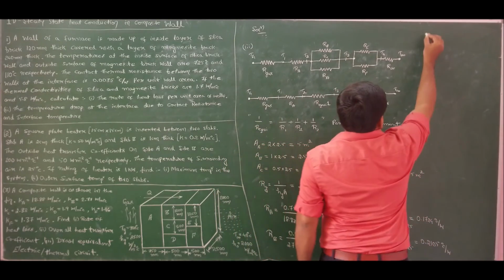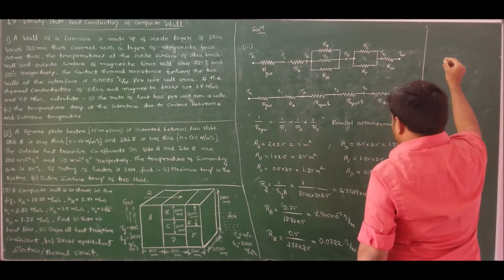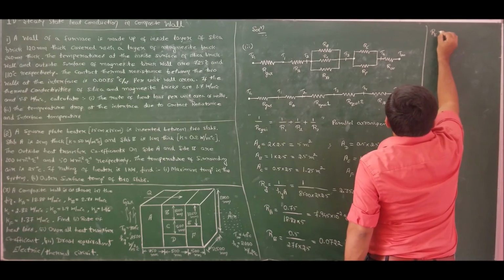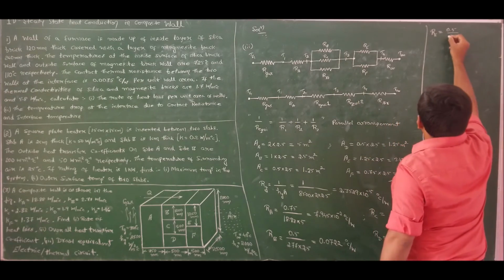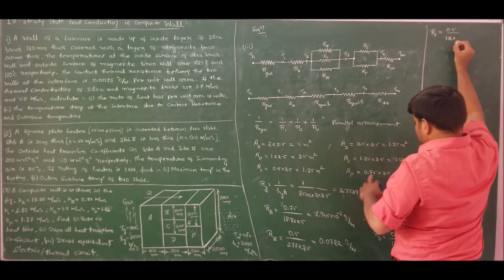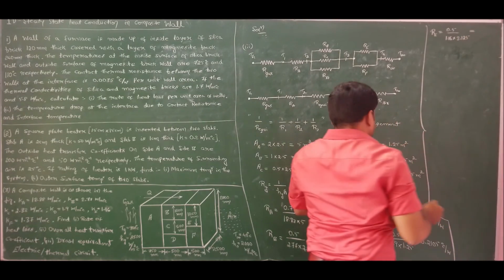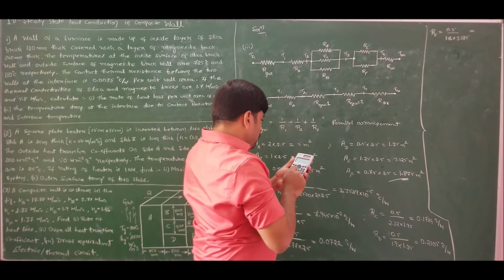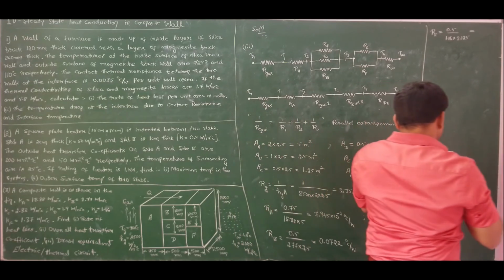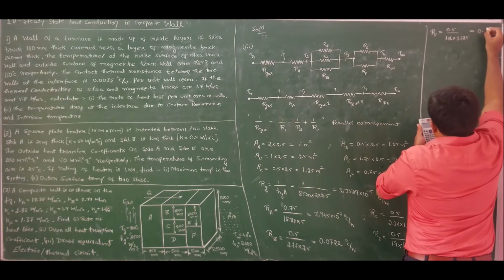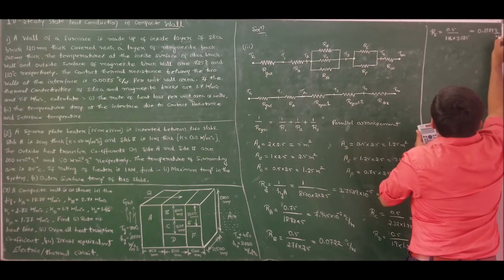Next, to solve for RE, length is 0.5, thermal conductivity is 1.16 into area 3.125. That is 0.5 by 1.16 into 3.125, which is equal to 0.1379 degree Celsius per watt.